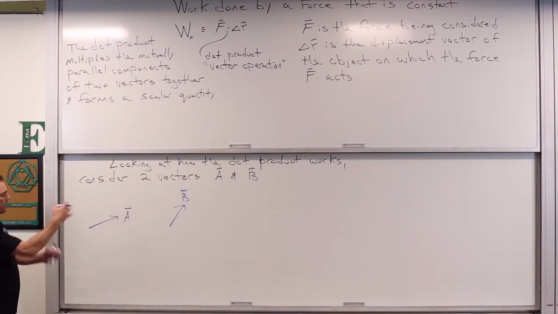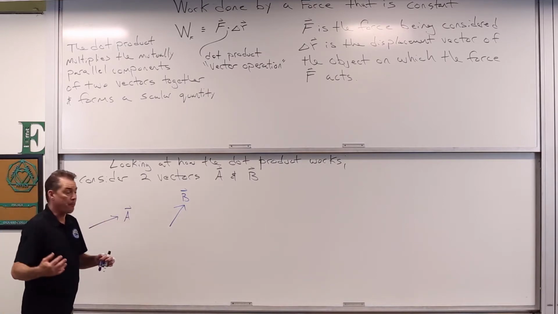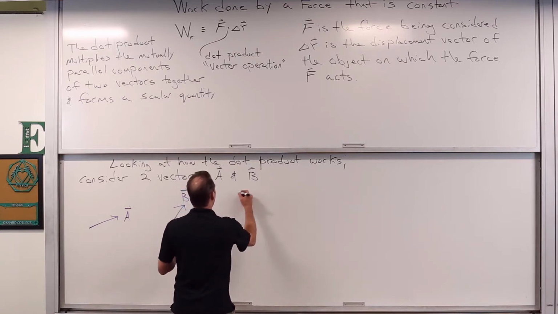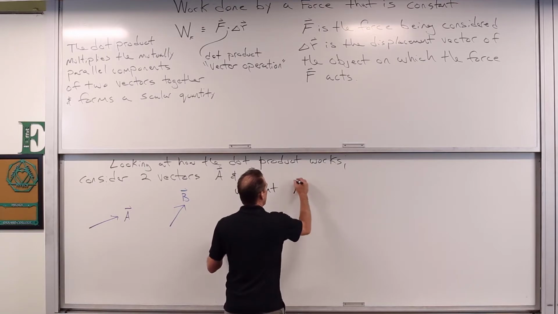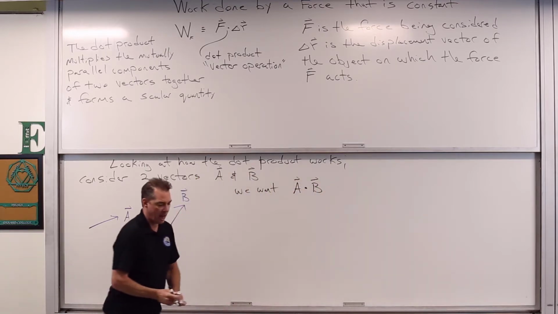They're two different vectors, they have two different magnitudes, they point in two different directions. And what we want to note is, what is the dot product of A and B? So we want A dot B, and that's exactly how we say that.